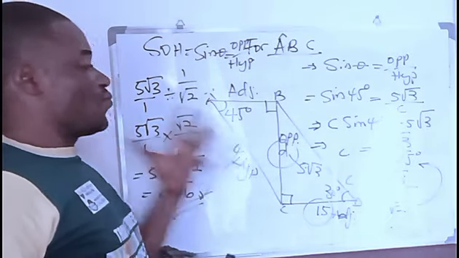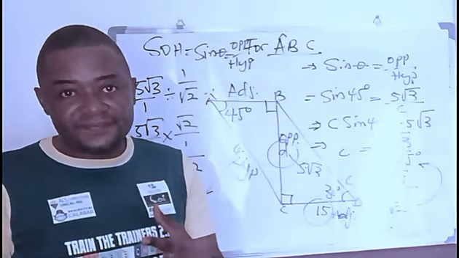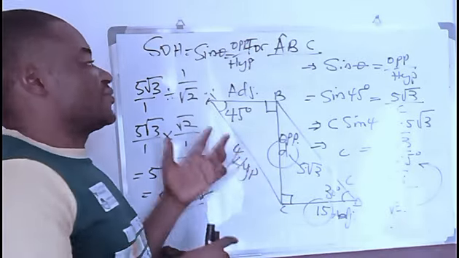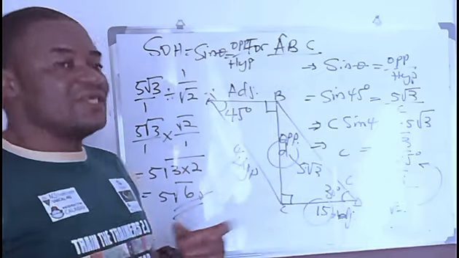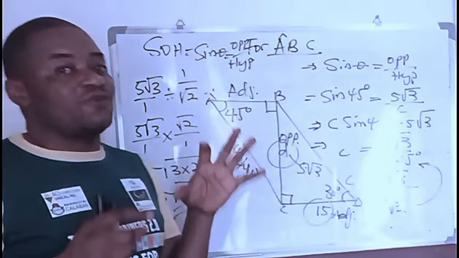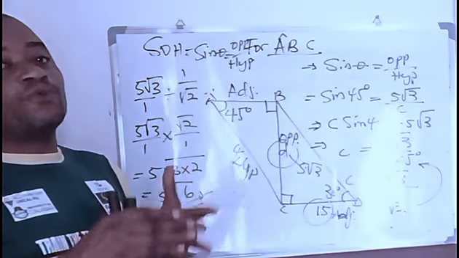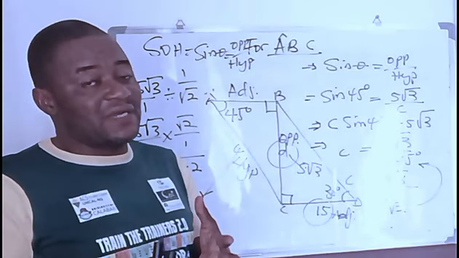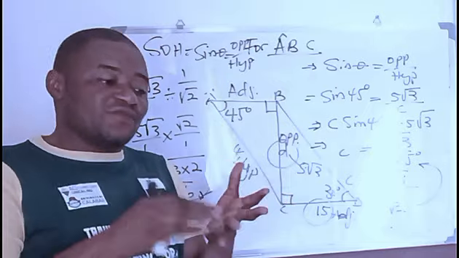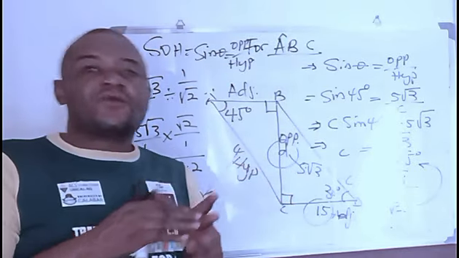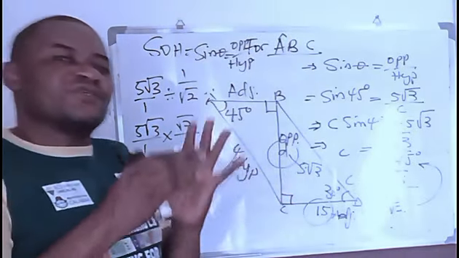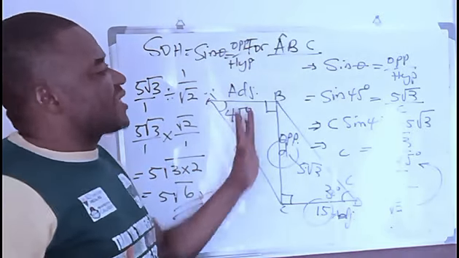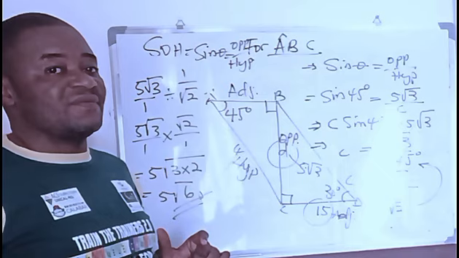One, if you want to solve trigonometry, you must understand the type of triangle that is given to you. You must understand the sides of that triangle. You must understand the conventions of trigonometry, where sine equals opposite over hypotenuse, tangent equals opposite over adjacent, and cosine equals adjacent over hypotenuse. You must understand these trigonometric functions and the sides of the triangles.